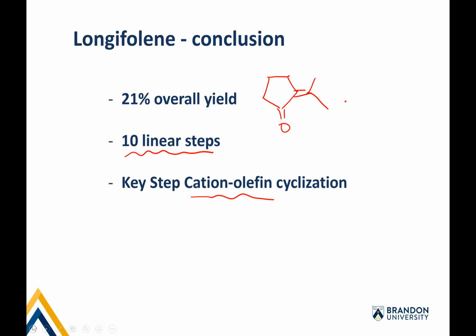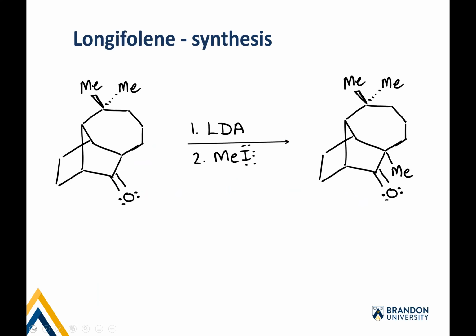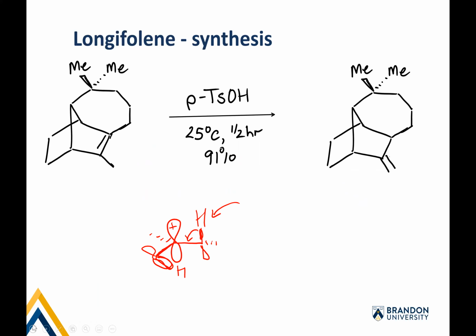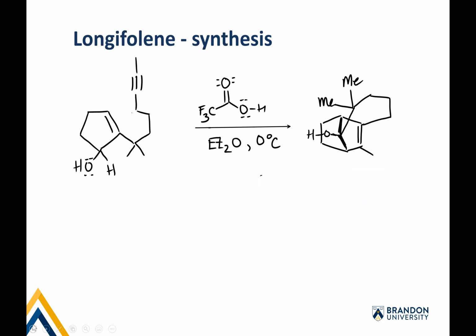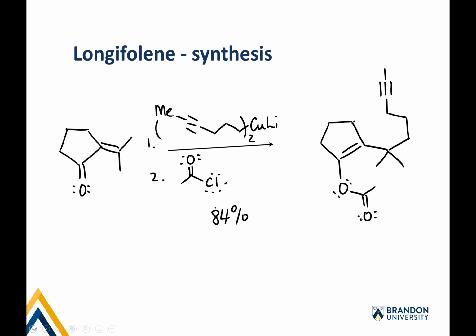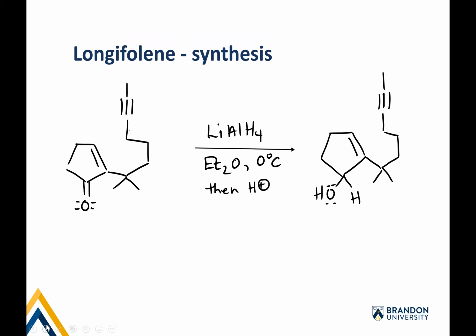The rest of the reactions were fun in the sense that it got to remind us of some of our chemistry from years like organic 1 and 2. That's the nice part. Some enolates, which is new stuff, some organic cuprates, some 1,4 addition, some 1,2 addition, some elimination reactions.